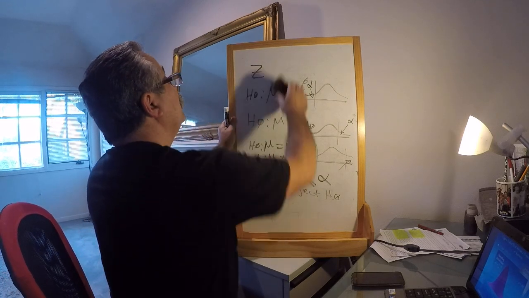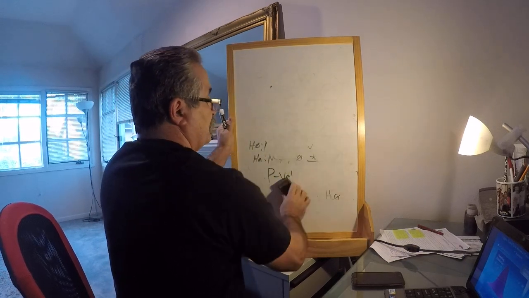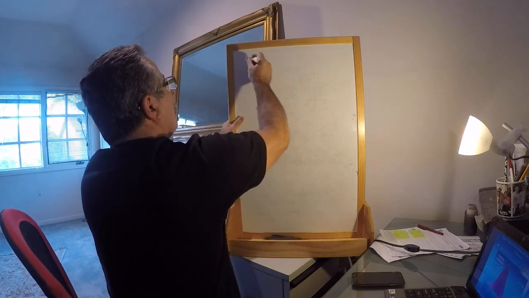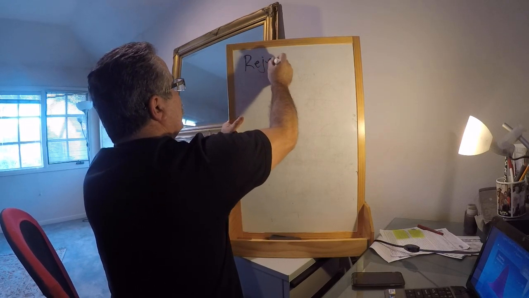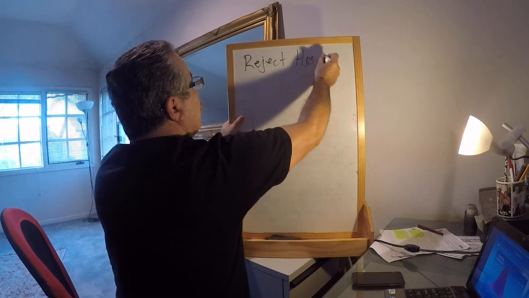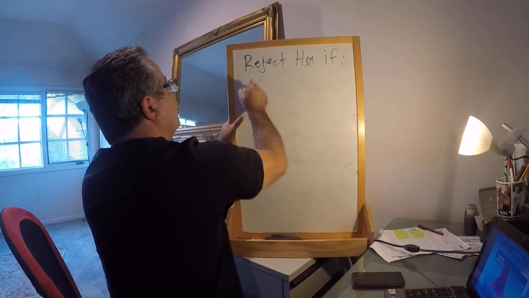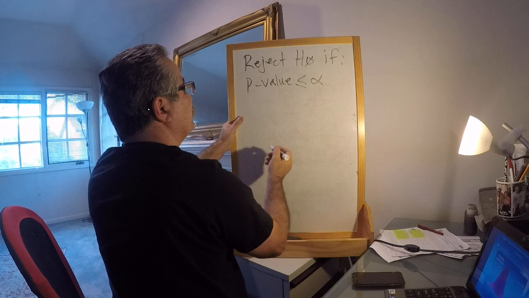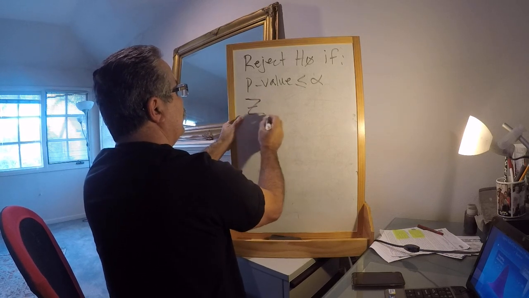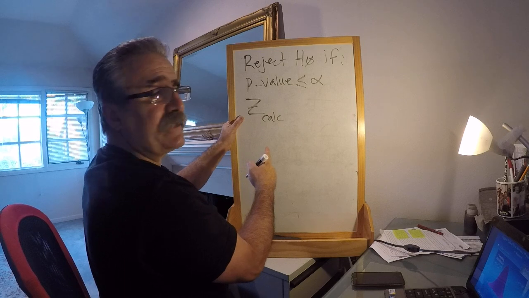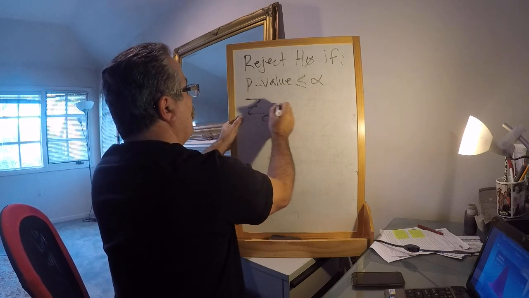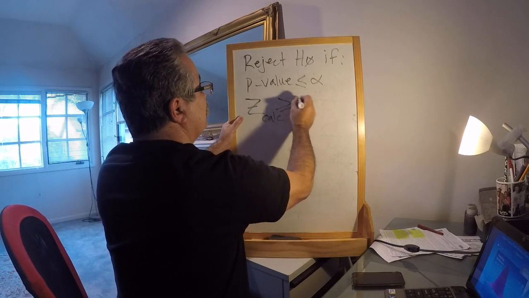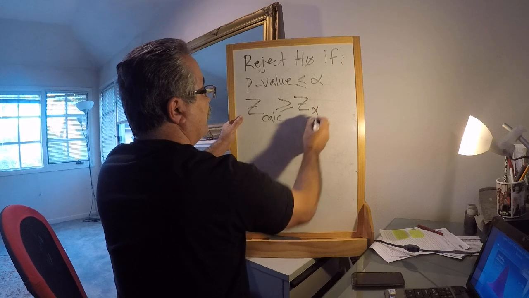Let me write down the rejection rule for you. Reject H0 if p-value is less than or equal to alpha. For the critical value approach, reject if the z that we calculate is greater than or equal to z of the given alpha.